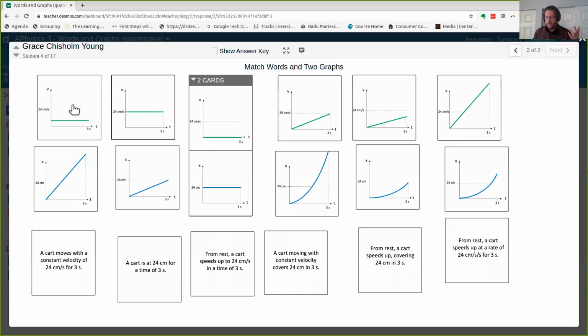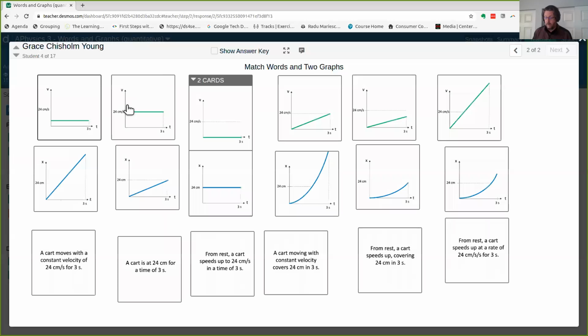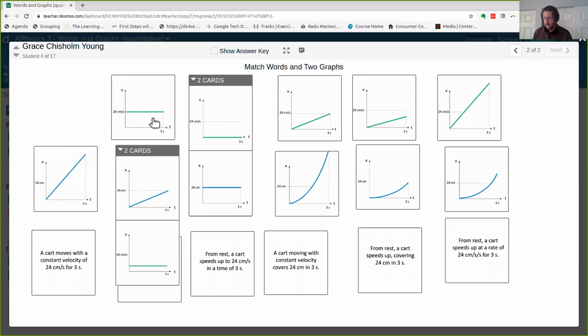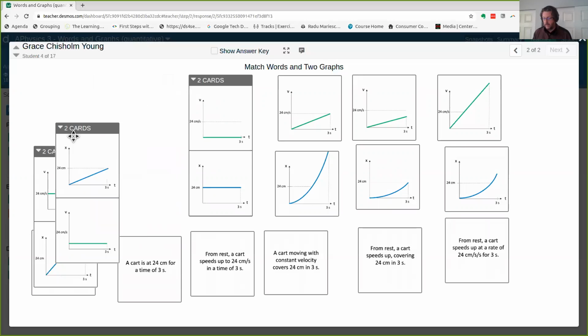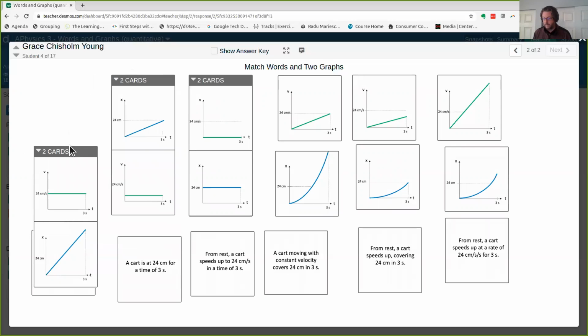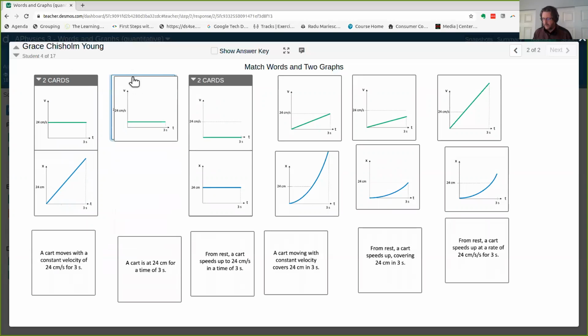This one looks like it's about 1/3 of that, 8, and then 16, and then 24 centimeters. Okay, I need to flip these around. That one goes there, and that one goes there. Let's make these match up. Okay, let me flip this around so that one's on top.